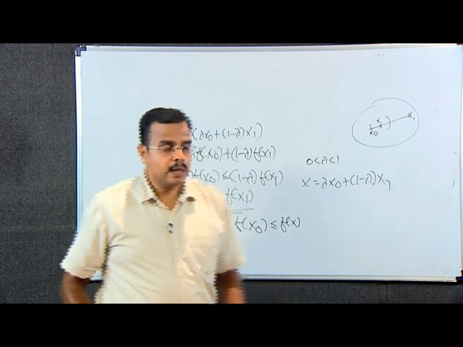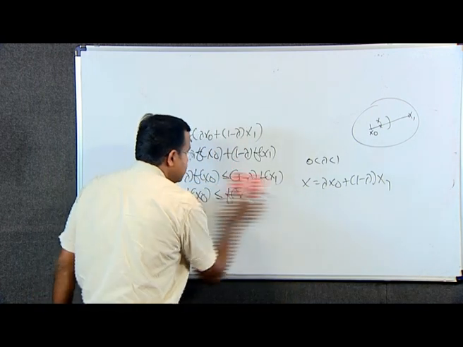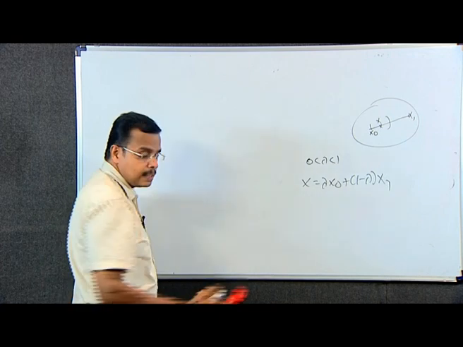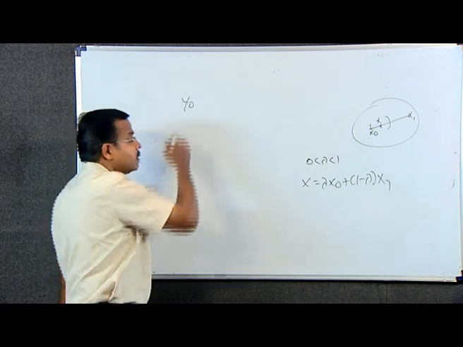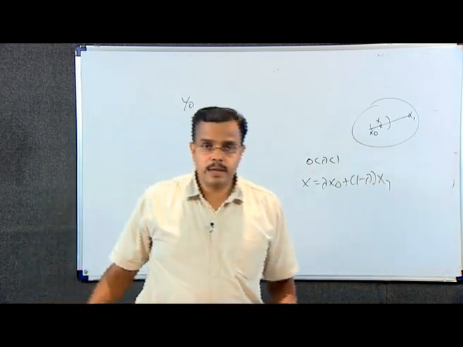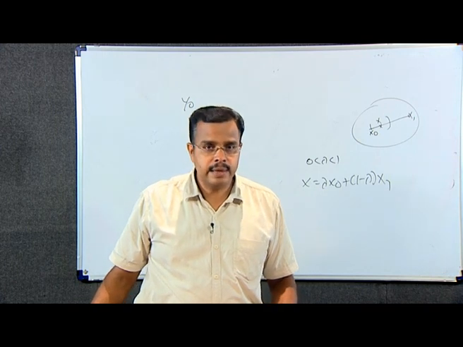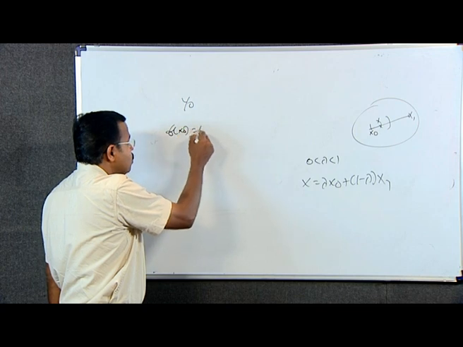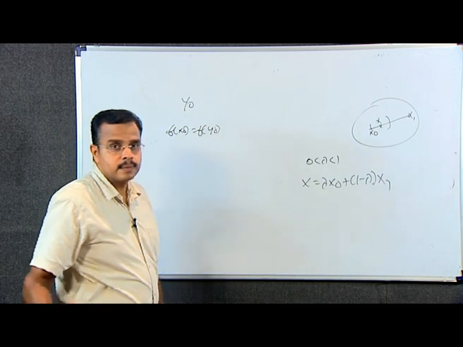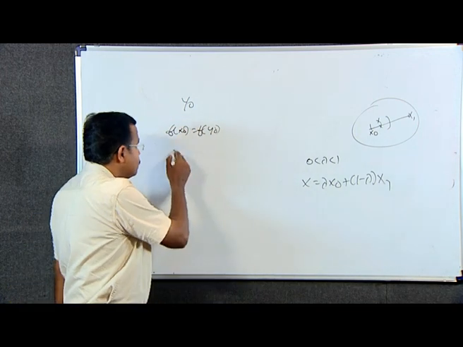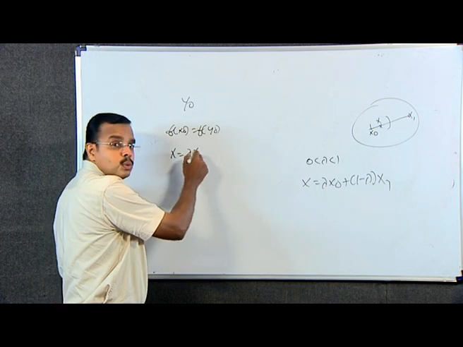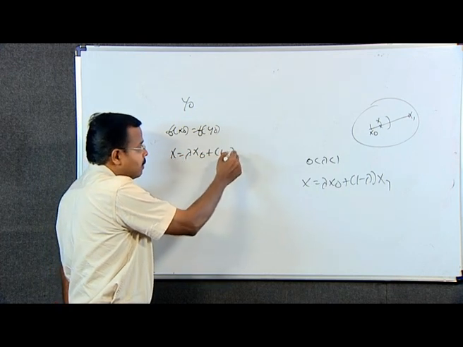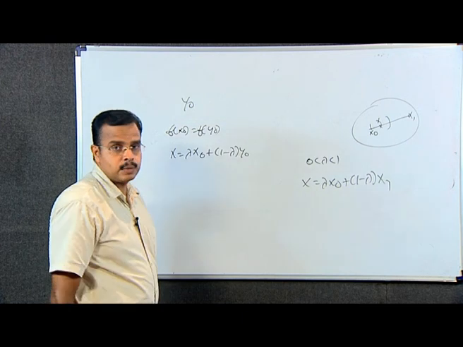To prove the second part, let y0 be another point where the minimum is attained. Then f of x0 equals f of y0. Take x equal to lambda into x0 plus (1 minus lambda) into y0.